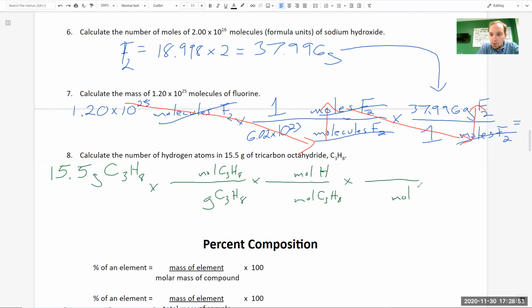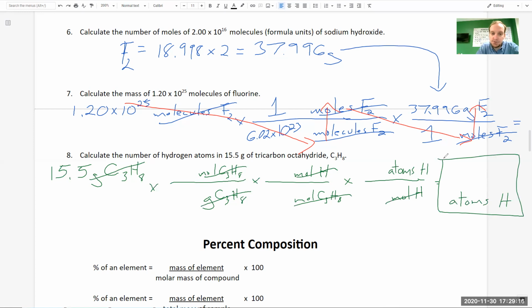We're going to cancel out moles of H, and then go into atoms of H. Grams of C3H8 will cancel out, moles of C3H8 will cancel out, moles of H will cancel out. What we're going to be left with, not surprisingly, is atoms of H. So that's going to be our answer. So there's the pattern: diagonal down, convert up, diagonal down, convert up, diagonal down, convert up. You guys get the idea.